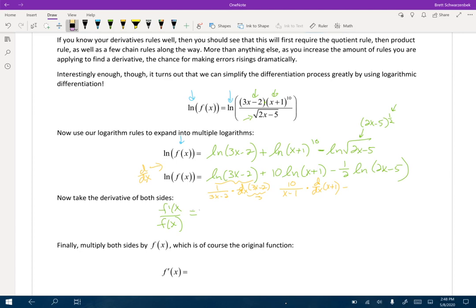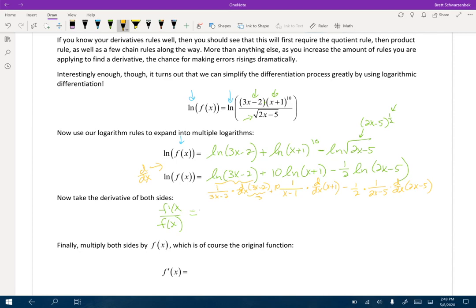I'm just going to leave the 1/2 here, times 1 over the inner function, times the derivative of the inner function, 2x minus 5. And by the way, if that blew your mind when I did that, you can do this instead. You can just put the 10 in the front, and then 1 over x plus 1 times the derivative.